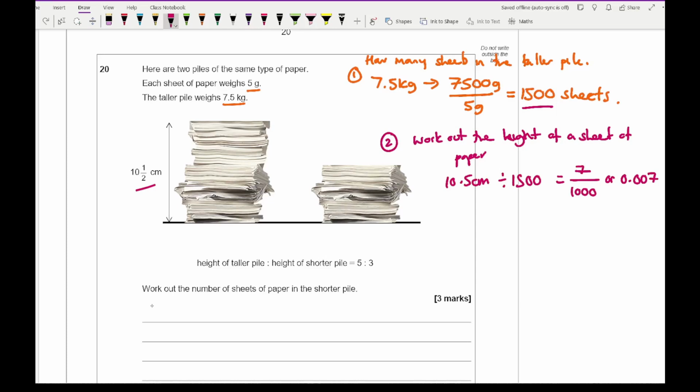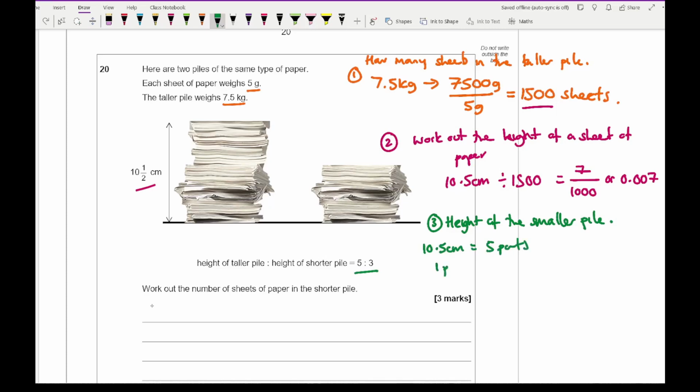Now the next thing for me then to do is to work out the height of the smaller pile. Now to do that, I need to use this ratio. So 10.5 centimeters equals 5 parts.